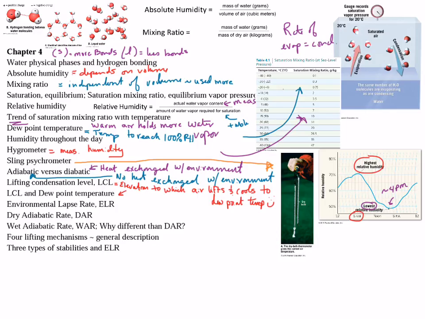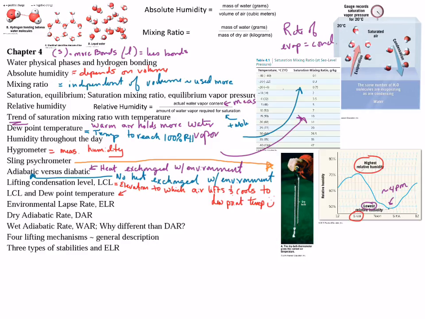So the elevation to which air lifts and cools to its dew point temperature. And I think I kind of answered both of those there. So the LCL is the point at which the air rises and reaches the dew point. Exactly.